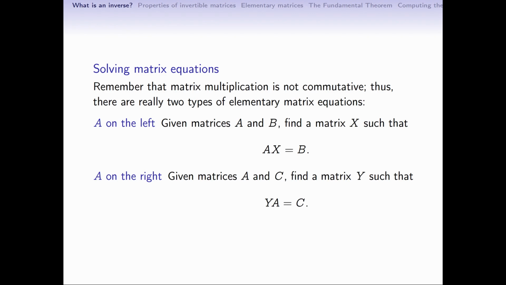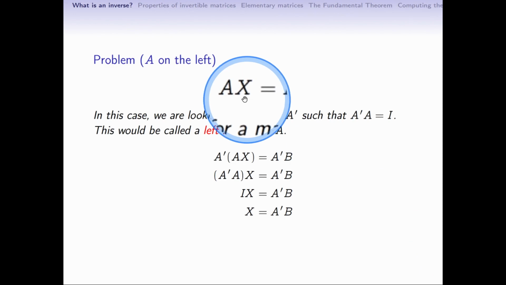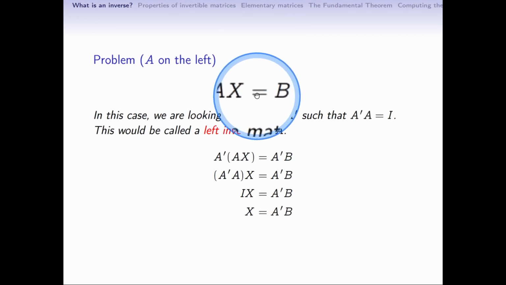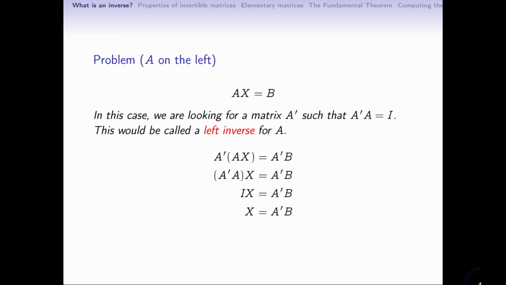Now let's think about how we would solve each of these types of equations. And let's begin with a case where A is on the left. So once again, we have to imagine A has been given to us, B has been given to us, and we're trying to find this matrix X that solves the equation AX equals B. Now what we would like is some means of canceling the matrix A that appears on the left-hand side of this equation.